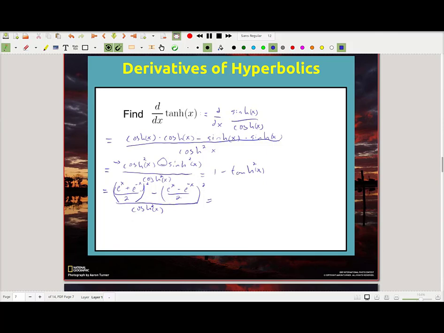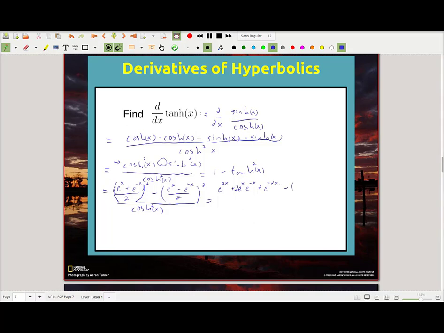Okay, well, notice both these fractions are going to be over 4. So really I'm just playing with the tops here when I square them and add them together. So that first fraction becomes e to the 2x plus e to the x e to the minus x, and you get 2 of those, and then e to the minus 2x.